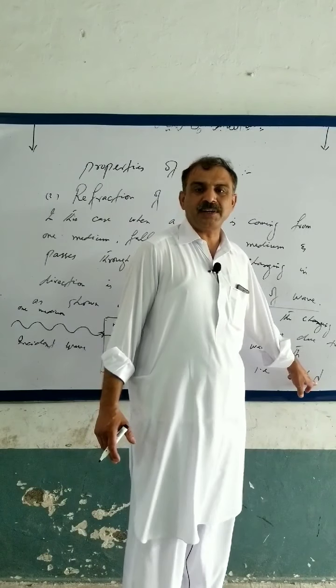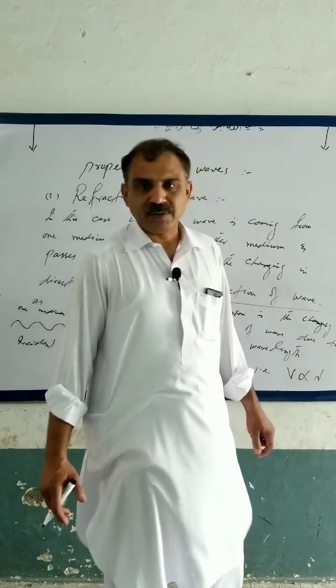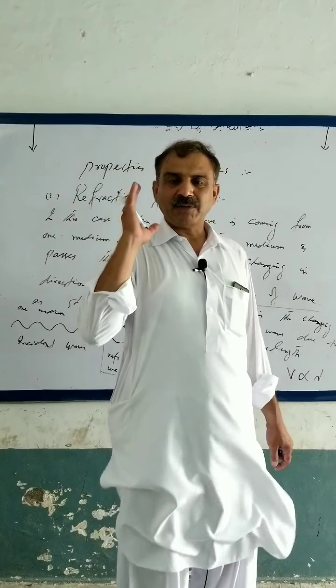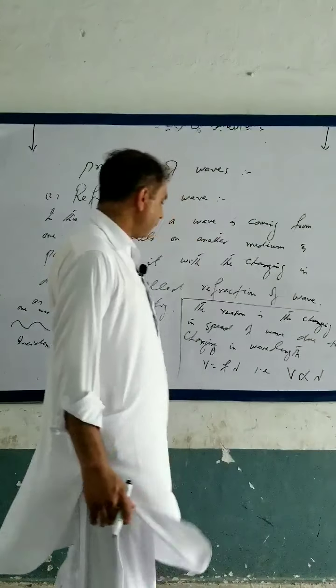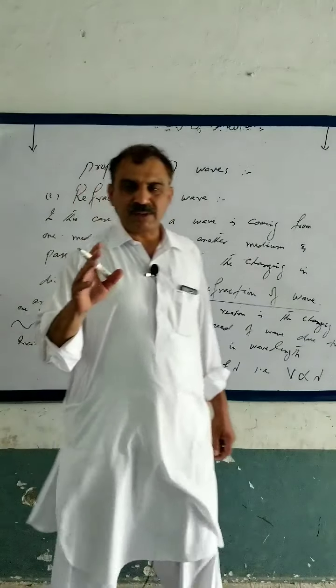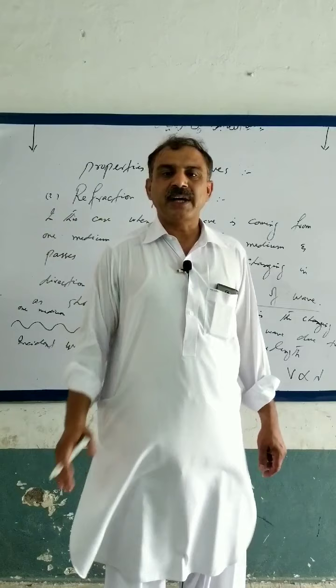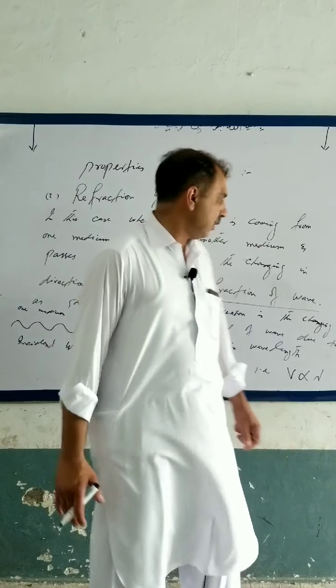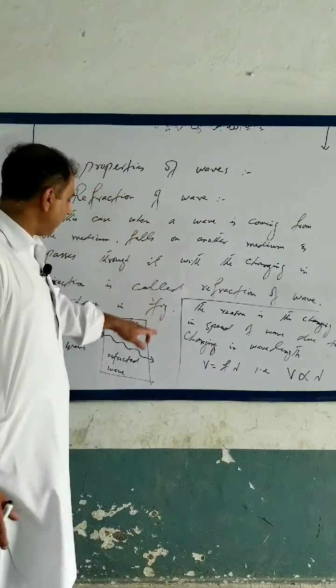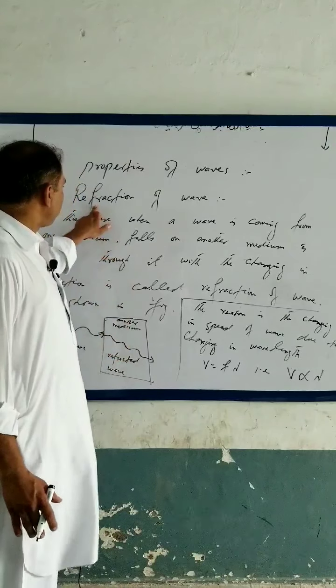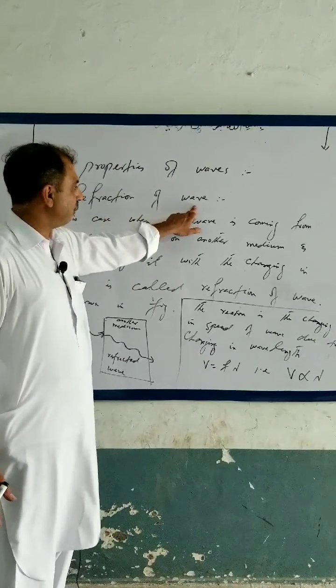And when the speed decreases, the direction of the wave will be changed. In both cases, if the wavelength increases or decreases, the speed will increase or decrease, and the direction of the wave will be changed. This change in direction represents refraction of wave.